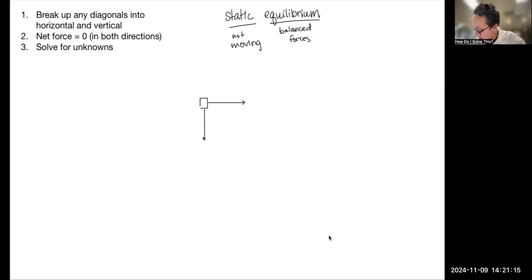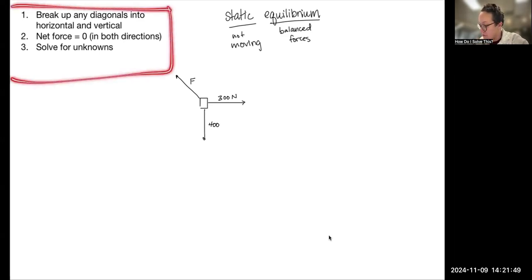So let's say we have a force of 300 newtons to the right, a force of 400 newtons down, and here some unknown force F. And our goal is going to be to figure out what that unknown force is, so that the box will not move.